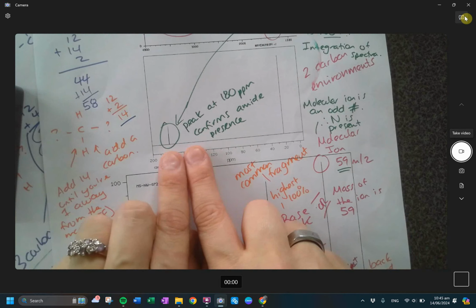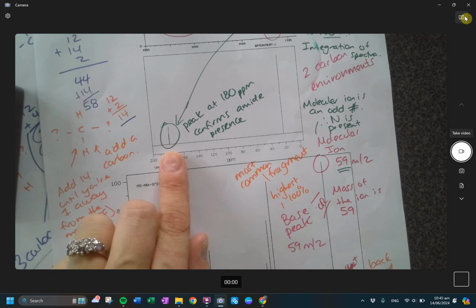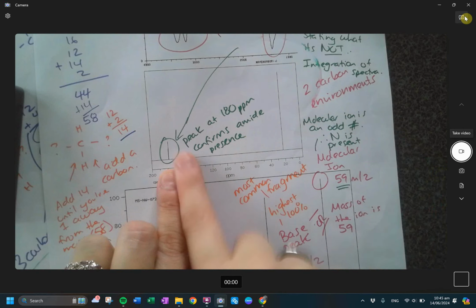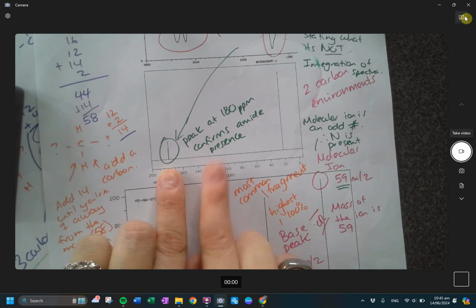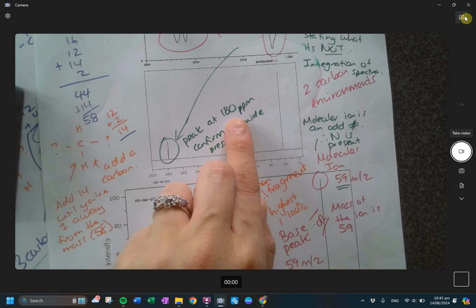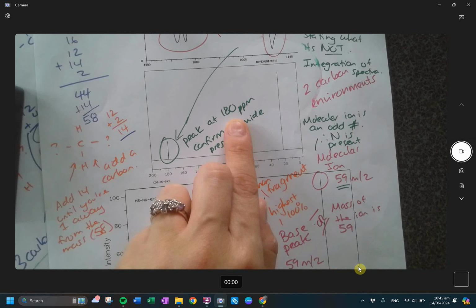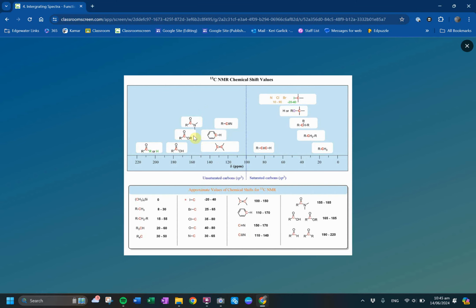For the excellence, make sure your spectrums are integrating together, so you're basically confirming that you have an amide. When I look at that peak, it says it's at 180, and when I look at my data over here, it's between 150. It's not quite at 180, but it's close enough. So don't use this as a hard number, like it has to be within this range. It's just to give you a ballpark. It's going to be influenced by what else is bonded to it.